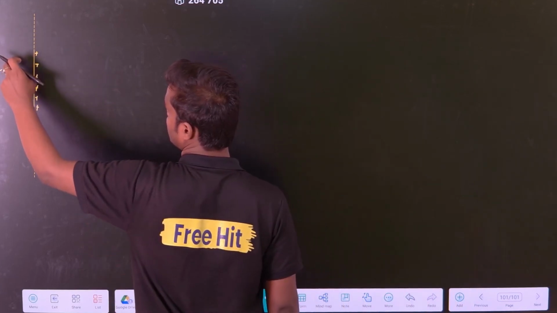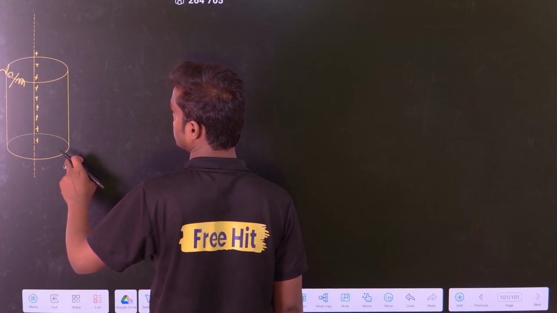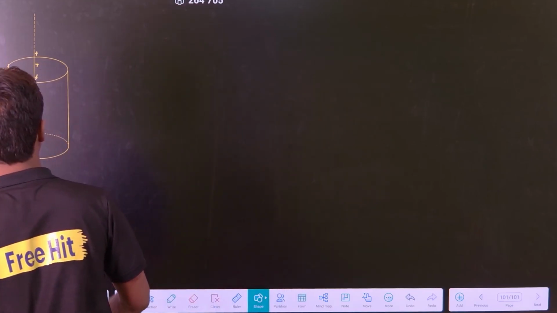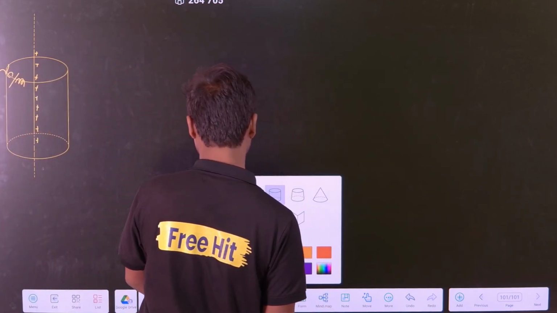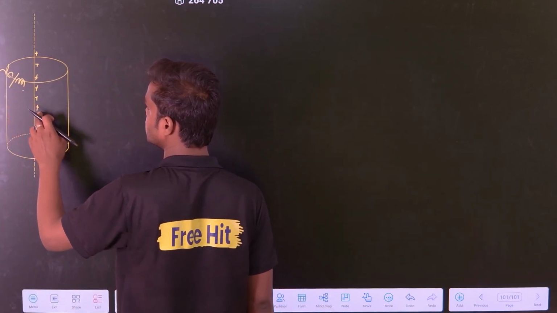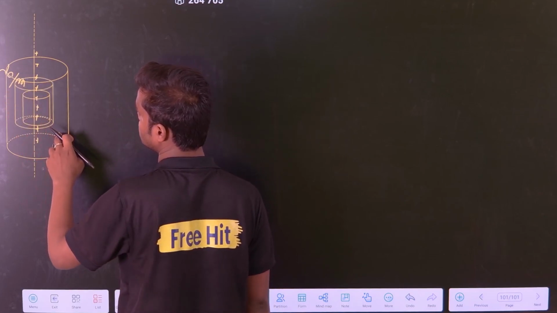For this, can I say the equipotential surface is going to be a cylinder? Yes or no? The equipotential surface is going to be a cylinder. And is it only one cylinder, or are there infinitely many cylinders? So there will be infinitely many concentric cylinders, like this.